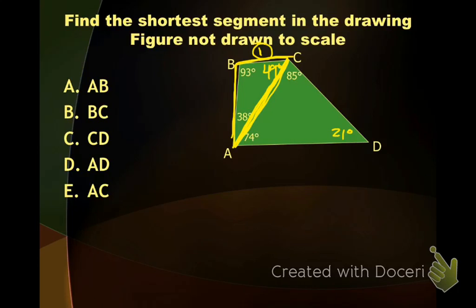Now if we look at the triangle on the right, maybe I'll do that in a different color. Here's the triangle on the right. The smallest angle is angle D, right here. So in this triangle, AC is the smallest side length. But we've also already determined that side length BC is shorter than AC because of the top left triangle. So BC has to be the shortest segment in the drawing.